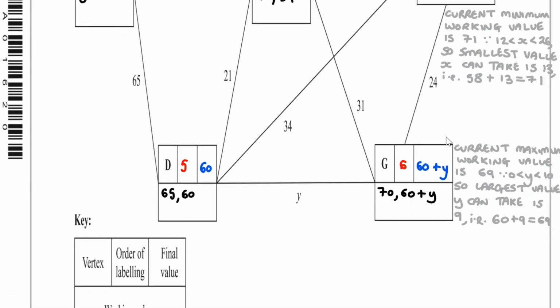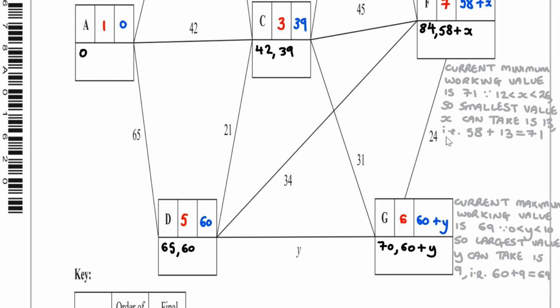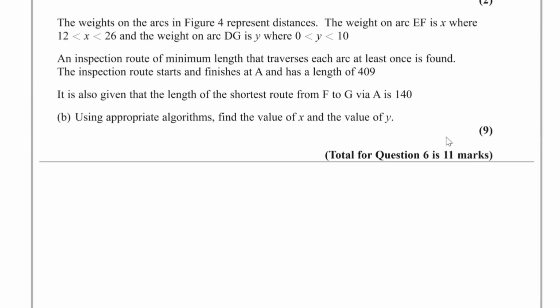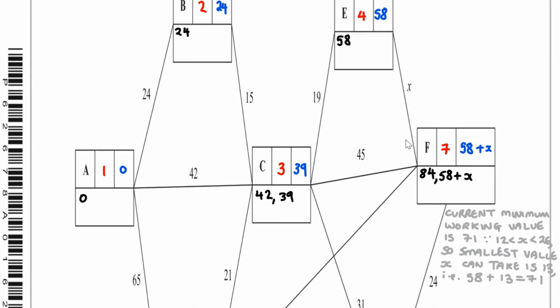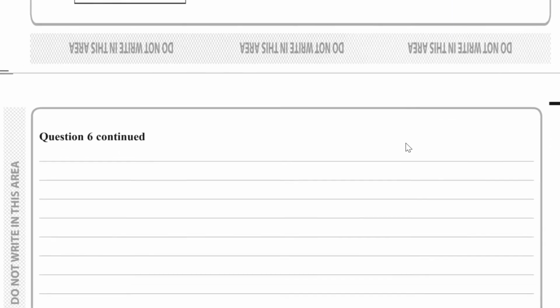So if we think about how this helps us, remember, if we go back to the question, the shortest route from F to G via A is 140. So we need to go from F to A and then from A to G, and that total length is 140. So let's write some of this down.